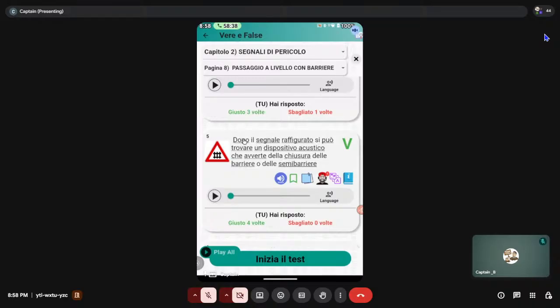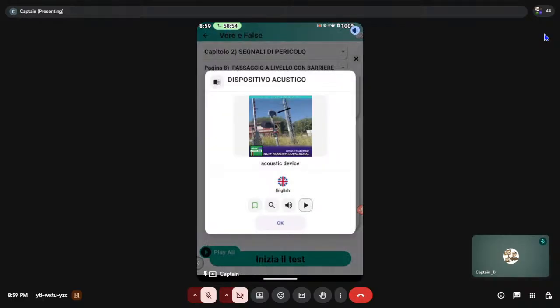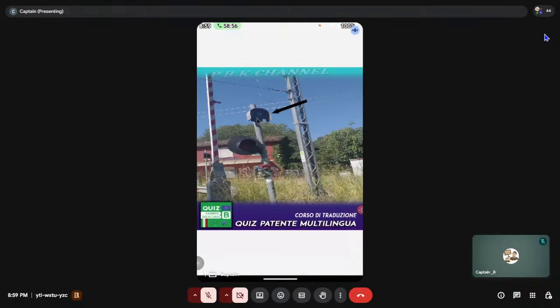He said, dopo il segnale raffigurato. After you have seen this sign, si può trovare, you can find un dispositivo acustico, a noise device. Look at it here. There's the noise there.